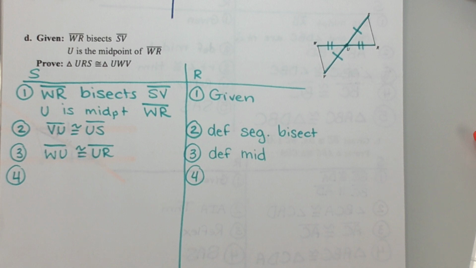They do not share a side. They do not share an angle. They share a vertex. They share a single point, but sharing a single point is not helpful. Has to be full sides or full angles, because we can't say a point is congruent to a point. So, the fact that they share a vertex tells me that I'm not going to use reflexive property. It's telling me I'm looking for something else.